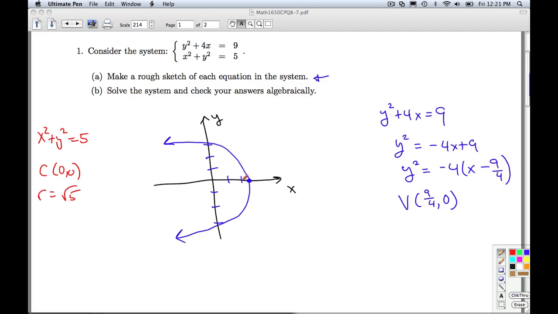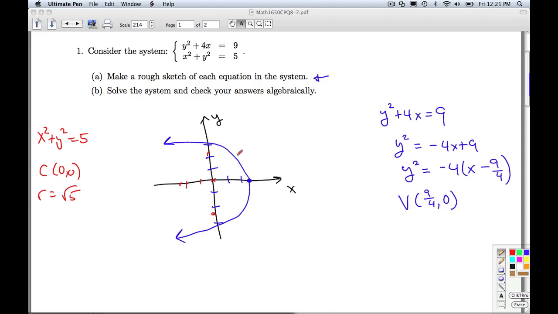And so this is where the issue lies: depending on where 9/4 compares to square root 5, and without using a calculator, it's difficult to figure that out. If the center's here at the origin, we got to go a little bit more than 2. So is it going to be a little bit inside of this, a little bit outside of this?